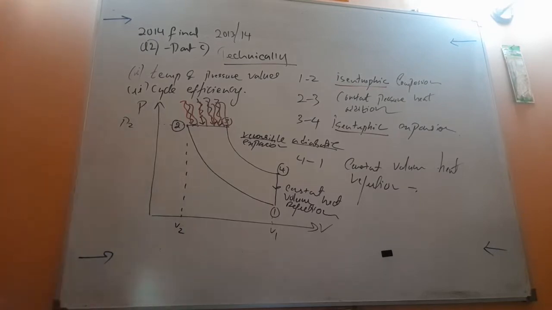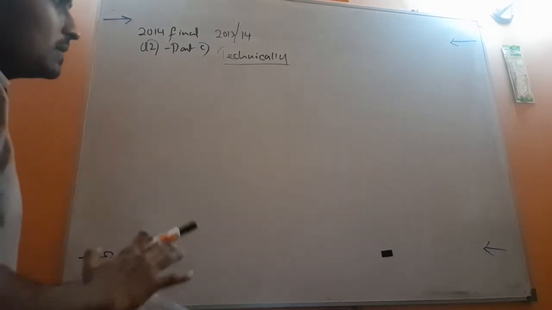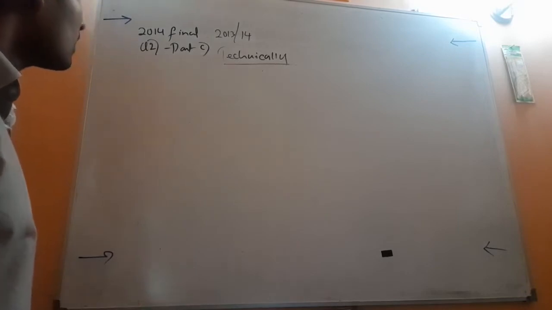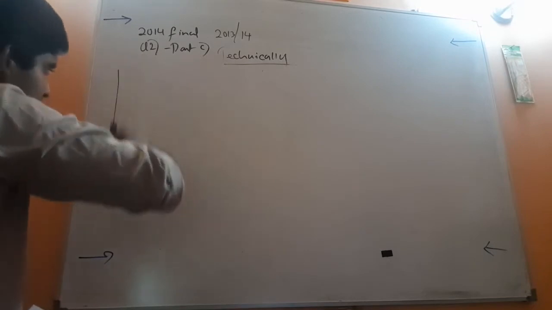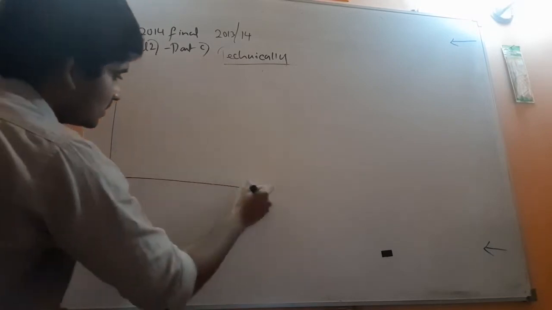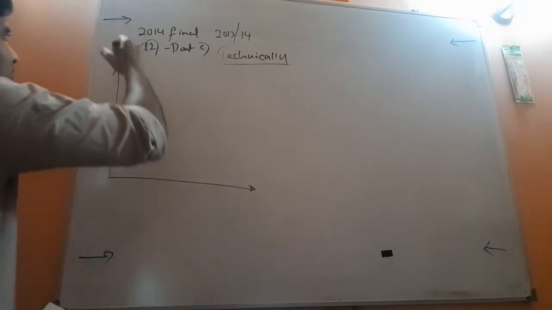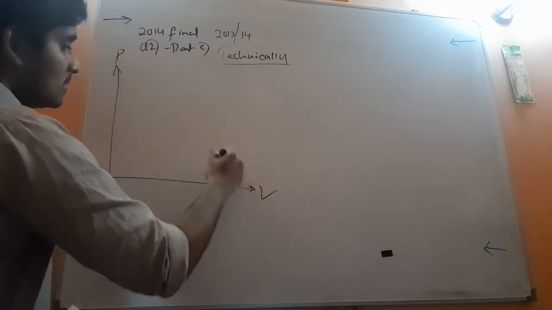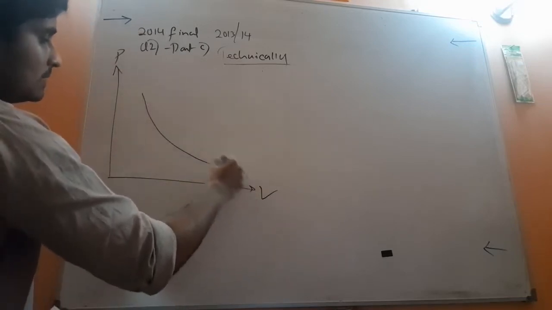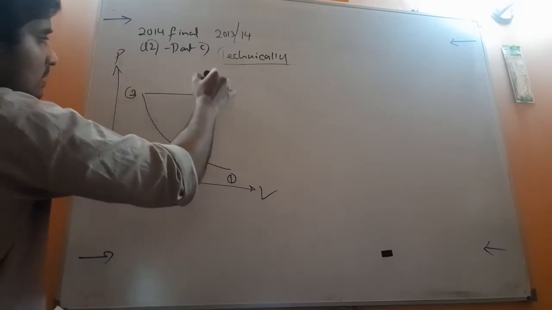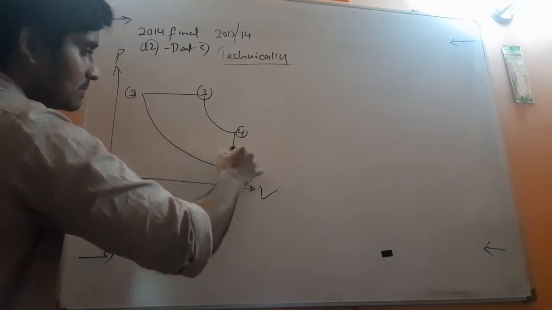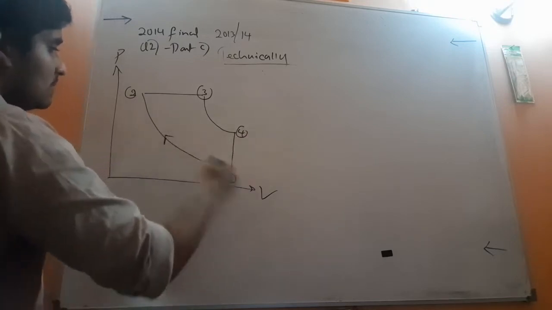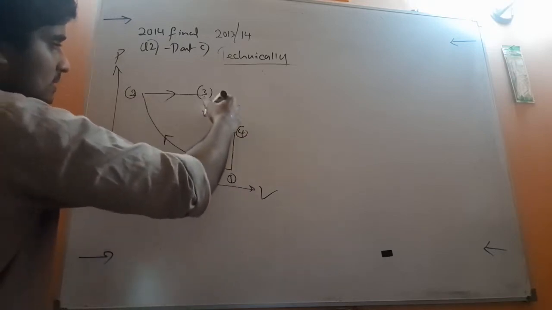Now we will quickly go into the calculation. First of all, let's sketch the cycle, because it is very easy to solve the problem after sketching the cycle. Now you know the definition of the cycle. Better put arrows, 1 to 2 first, then 2 to 3, then 3 to 4, then 4 to 1.